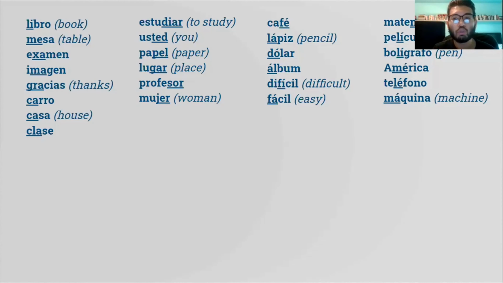We talked about diptongos and how sometimes when we combine a weak and a strong vowel, we put them in the same syllable. So we will see that, for example, with estudiar, we have I and A, two different vowels, one weak, one strong. So we put them in the same syllable, and that's how we pronounce it.